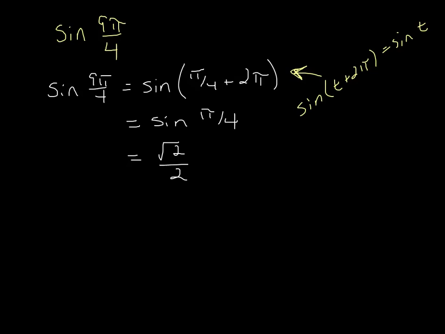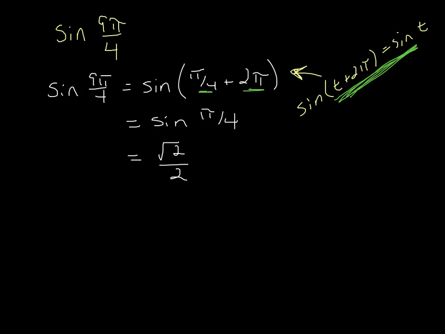As an example, if I want to find the sine of 9 pi over 4, I can rewrite 9/4 pi as 1/4 pi plus 2 pi. Because of the idea behind these being periodic functions, with the period being 2 pi, the sine of t plus 2 pi is equal to the sine of t, so this would give me the same value as the sine of pi over 4.